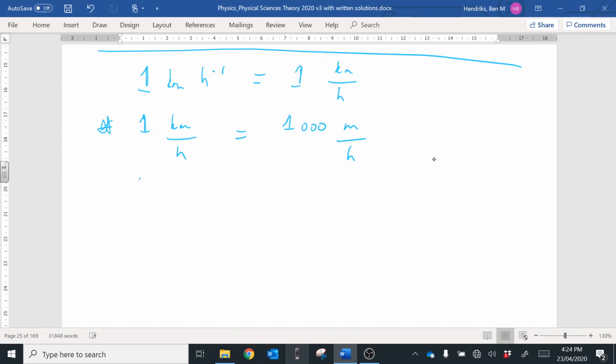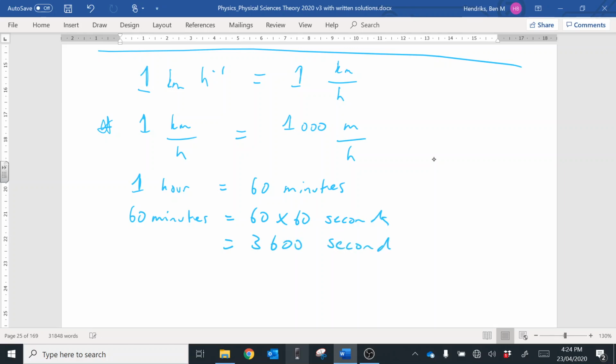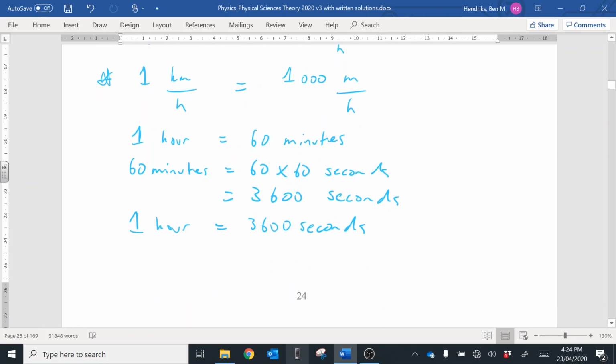And we also know that 1 hour is equal to 60 minutes, and 60 minutes is equal to 60 times 60 seconds, and that is equal to 3,600 seconds. So 1 hour equals 3,600 seconds. So let's put that into our equation up there.